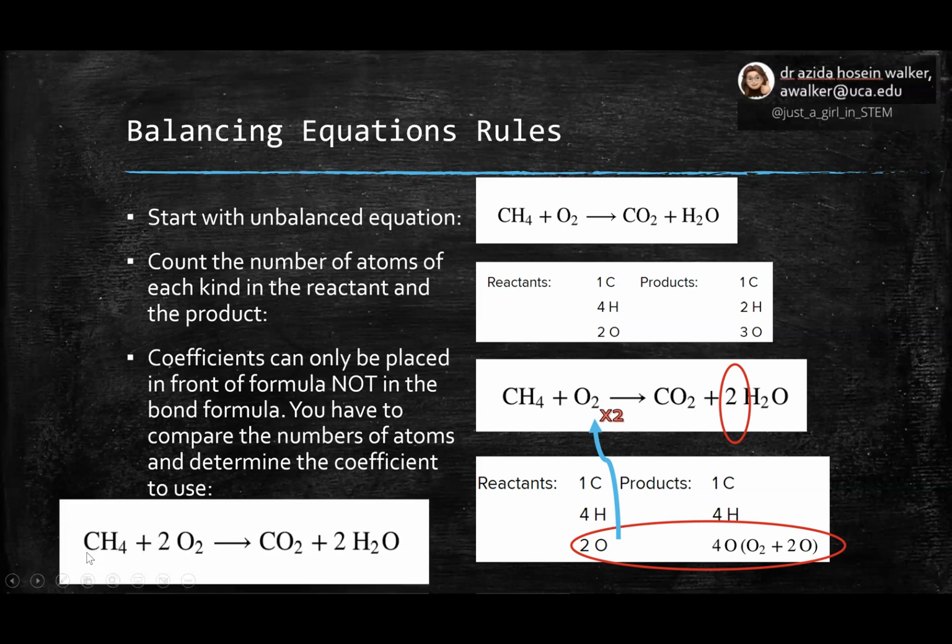And so here we have a balanced equation with 1 carbon on each side, 4 hydrogen atoms on each side, and 4 oxygen atoms on each side. And that's how you use the rules of balancing equations to help us get those chemical reactions balanced, so we can see the proportion of the reactants that we use, as well as the proportion of the products that we get from that reaction.